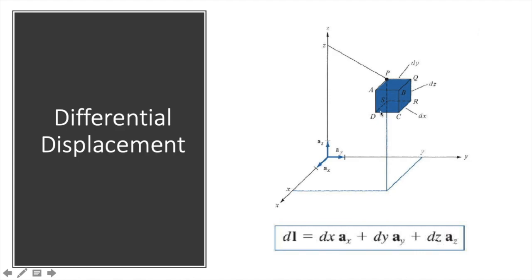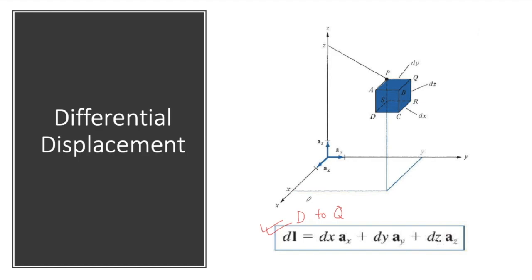Standing at D, we have to move in the x direction, then the y direction, and then we will reach Q. So the exact displacement when we are going from D to Q is dl equal to dx ax plus dy ay plus dz az. So it all depends where we are moving and in which direction we are moving.